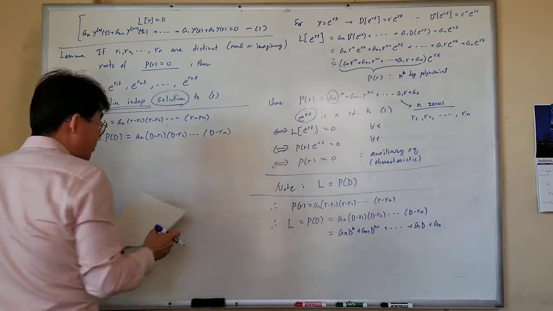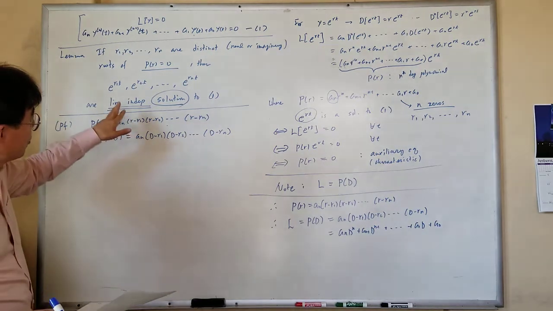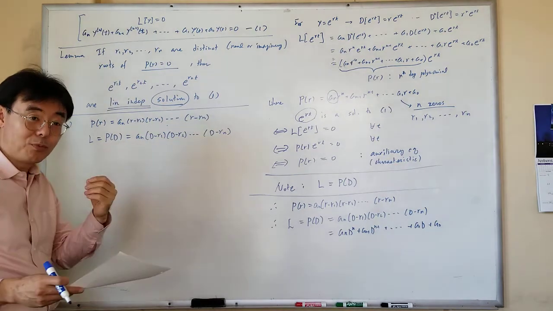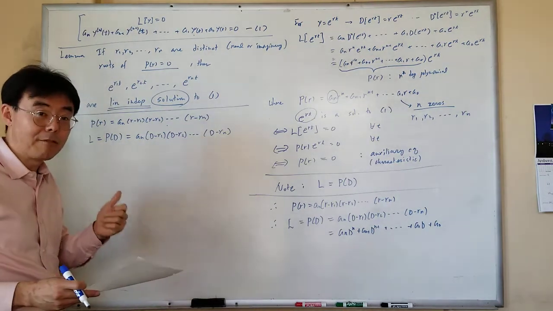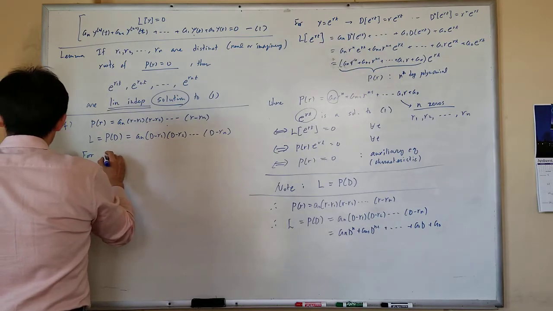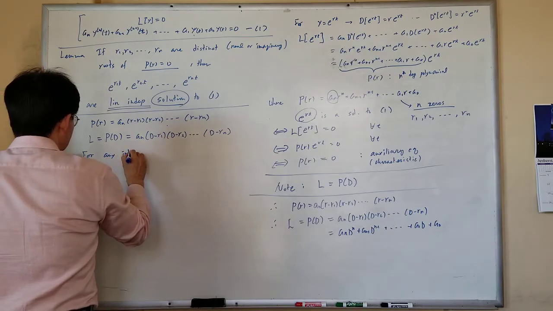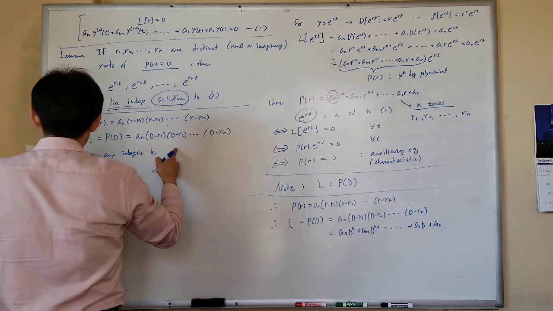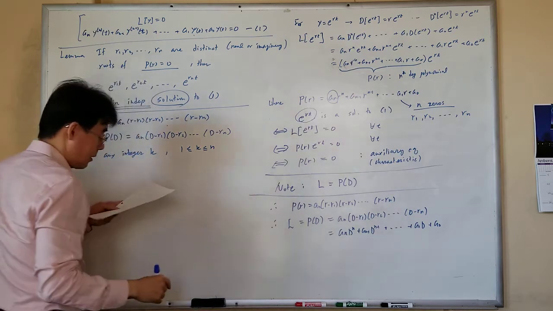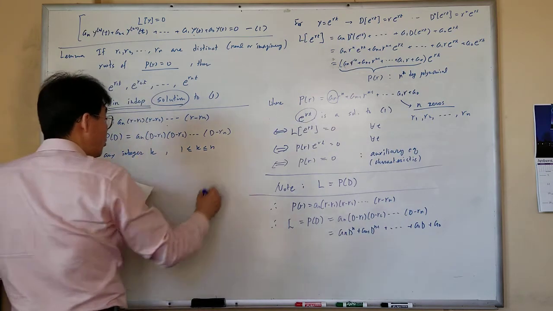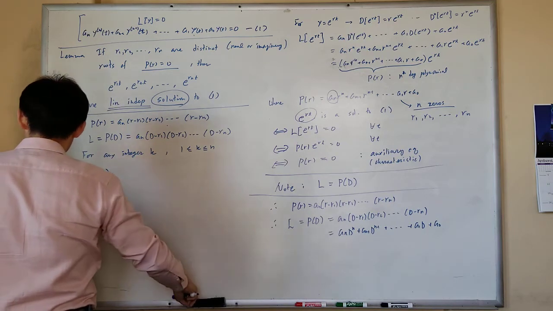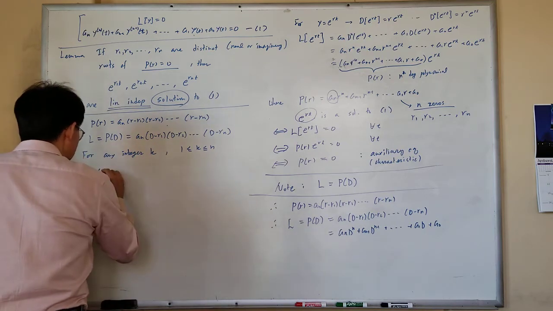Now, in order to prove linear independence for the general n case, we develop a clever trick. For any integer k between 1 and n, we define p sub k of r.